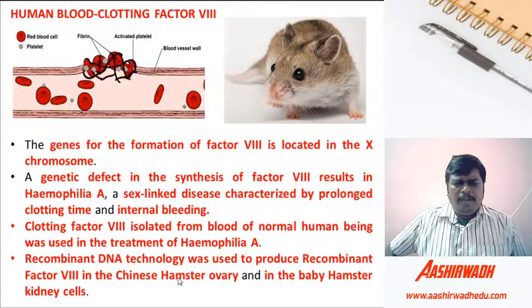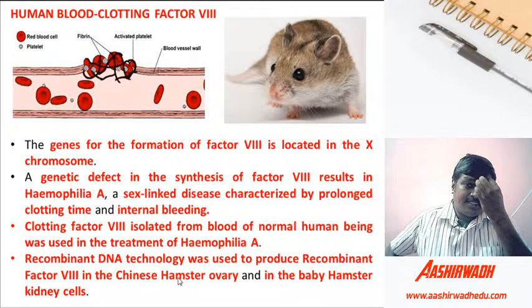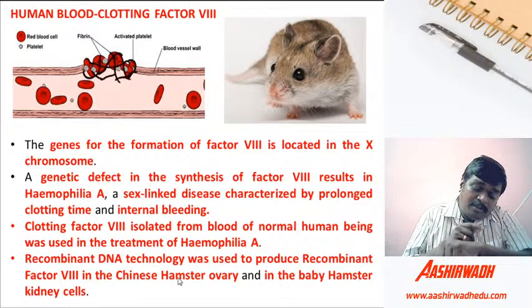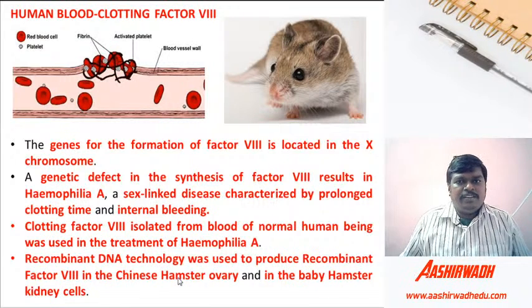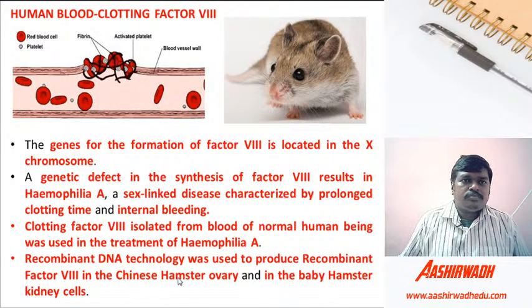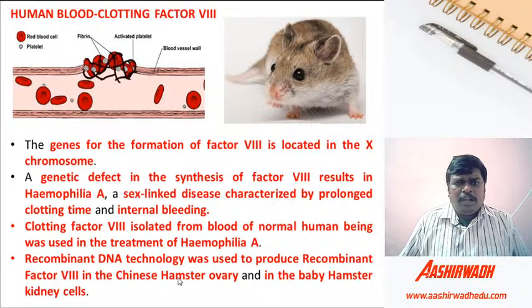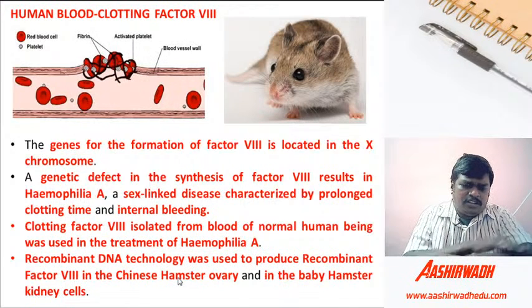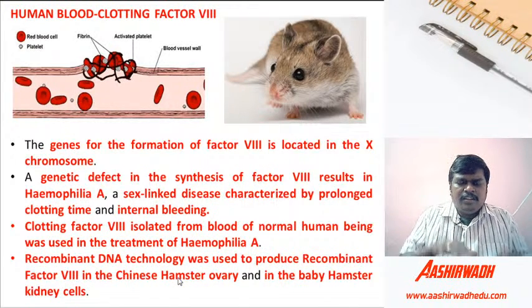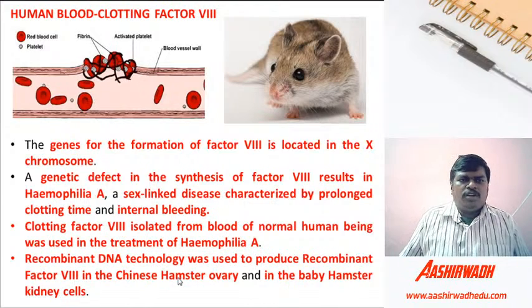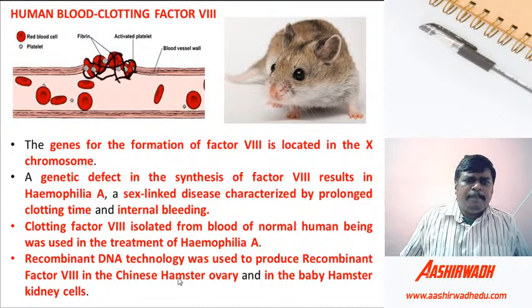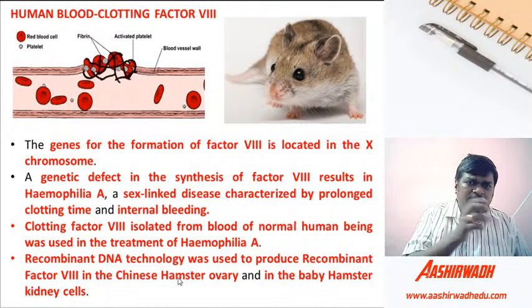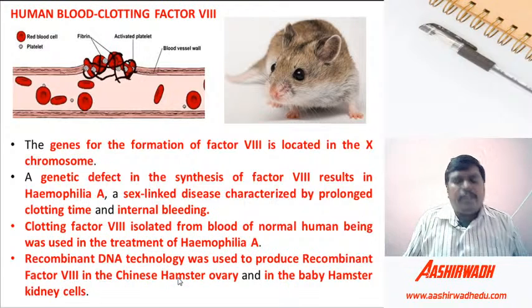In hemophilia patients, once there is a cut in the blood vessel, the blood oozes out, and after some time the blood clots, and then the blood will not ooze out. For the hemophilia patient, the clotting time is prolonged.